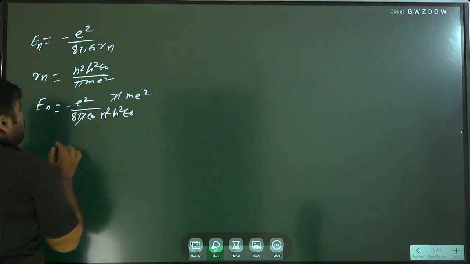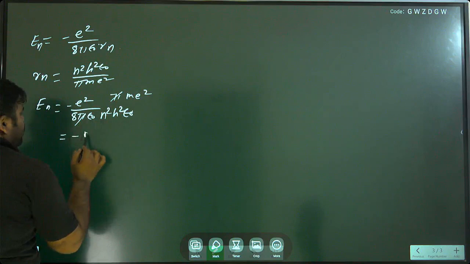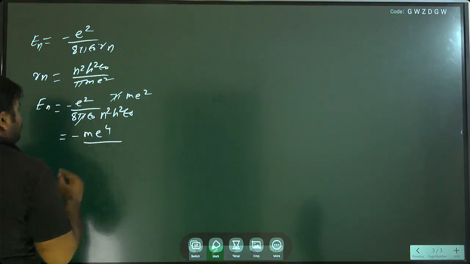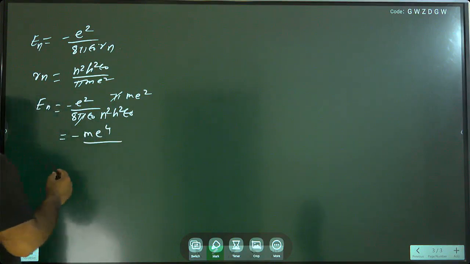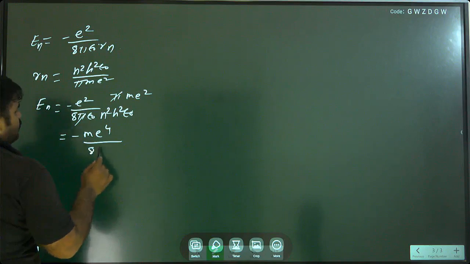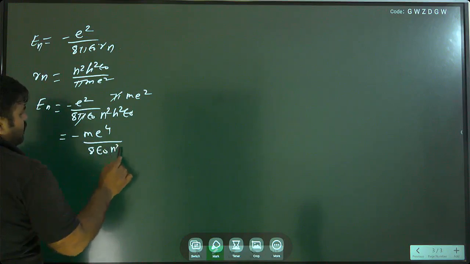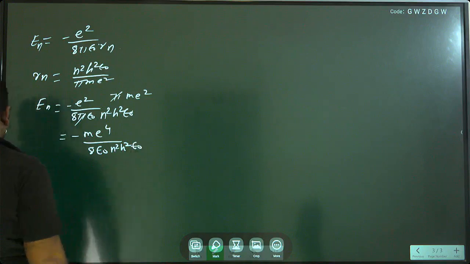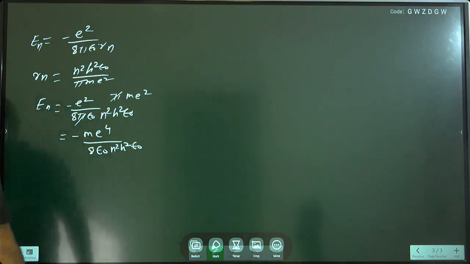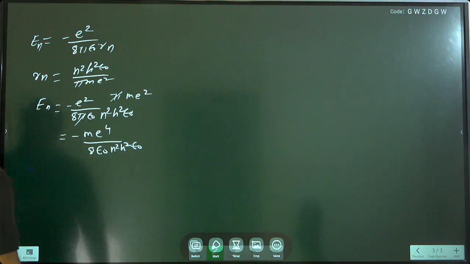e into e becomes m e to the power 4, meaning minus m e to the power 4 upon 8 epsilon naught n square h square into epsilon naught. Now we can focus here. Which part is constant?